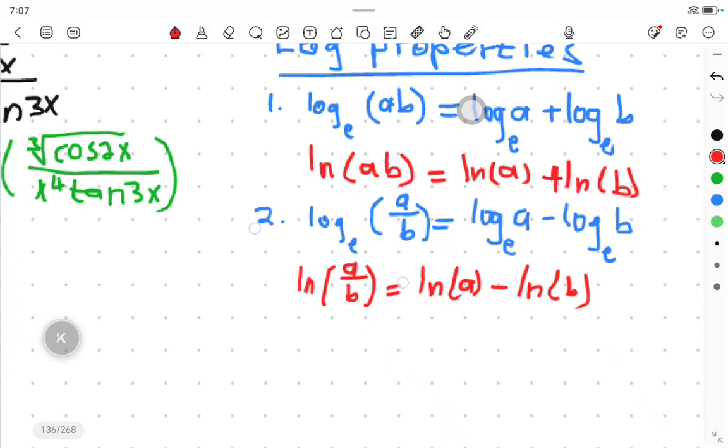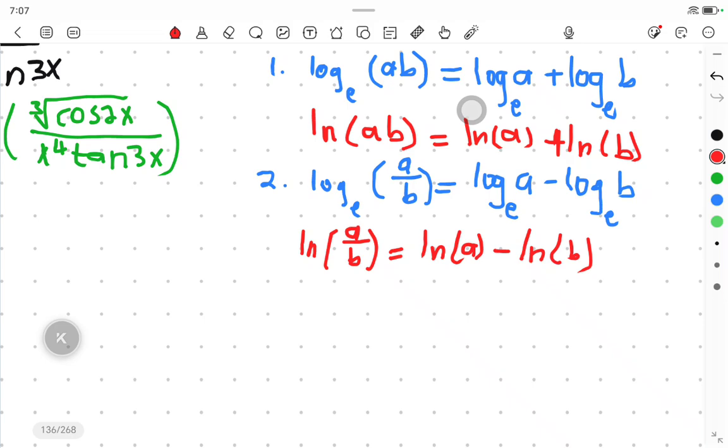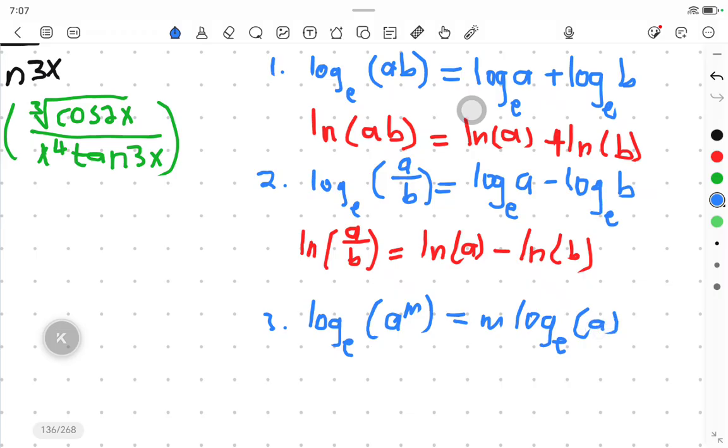Once we understand these properties, it will be simple to apply them whenever we're dealing with any logarithmic problem. The third one we can focus on now is log of a to the m. We are allowed to drop the m, so we have m log e a.